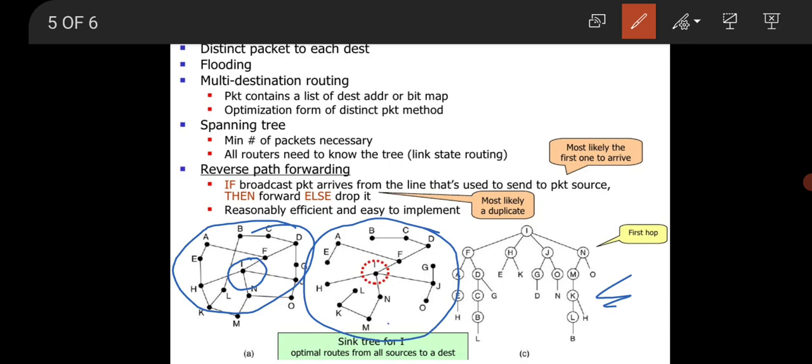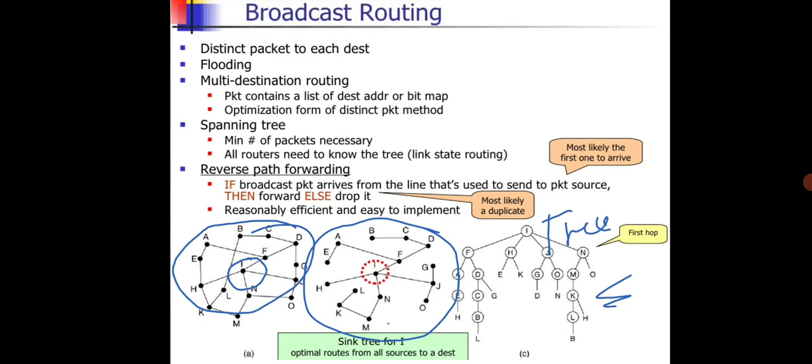This sink tree is drawn in the form of a flowchart, right? This is a tree. So this tree is generated, and accordingly the packets are sent. So this is what we have in broadcast routing.